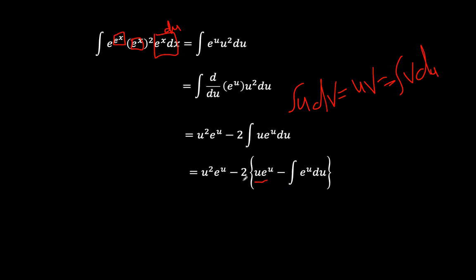And so eventually we can combine this up. We have u squared times e to the power u minus 2u e to the power u, minus minus becomes plus, the integral of e to the power u, which is e to the power u plus the integration constant c. And since u is equal to e to the power x, where u appears, we can plug in e to the power x.